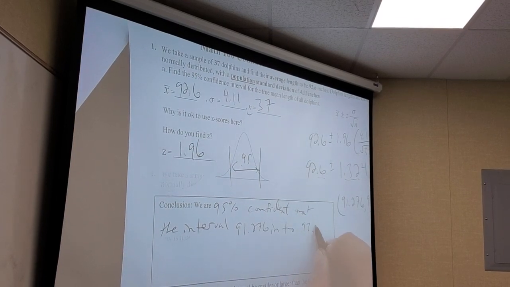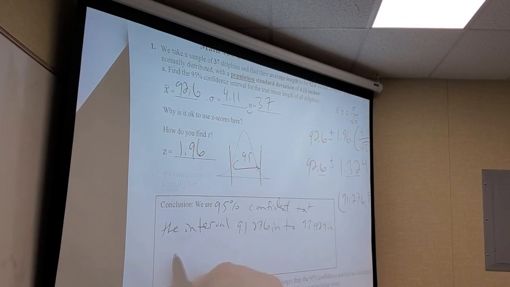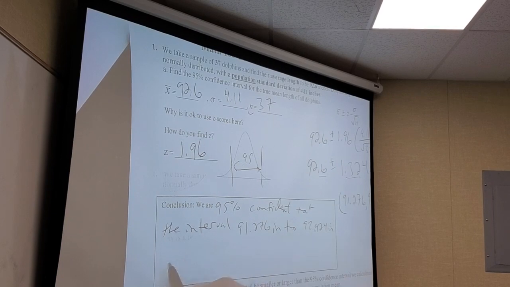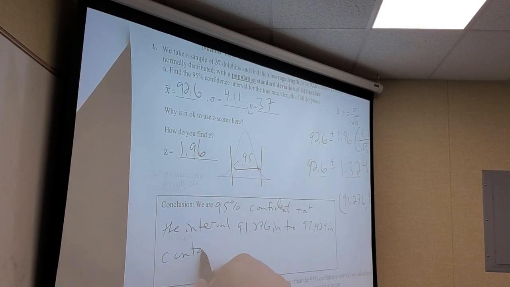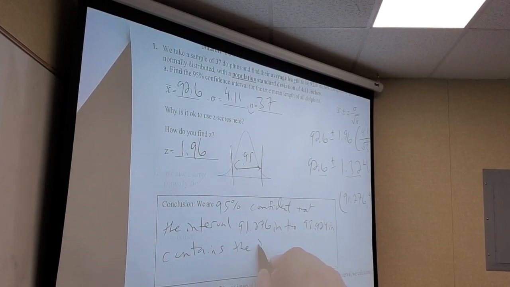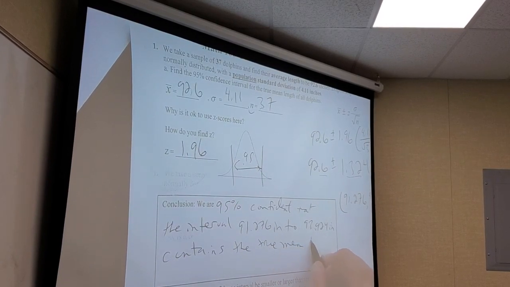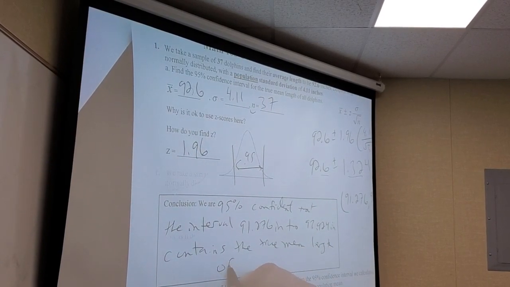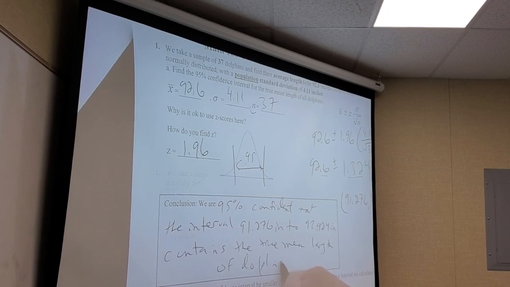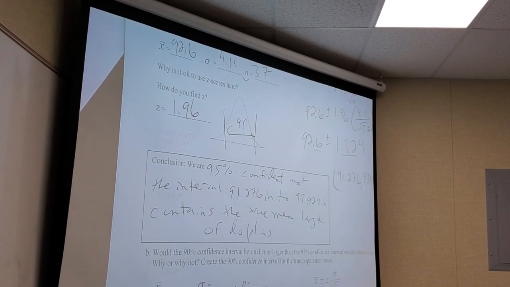That's perfect. I got little tears coming out of my eyes. We're 95% confident that the interval contains the true mean, or you could say population mean, it's up to you, true mean length of dolphins. Okay, you guys with me?